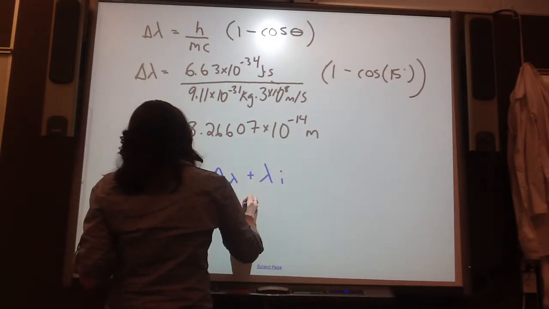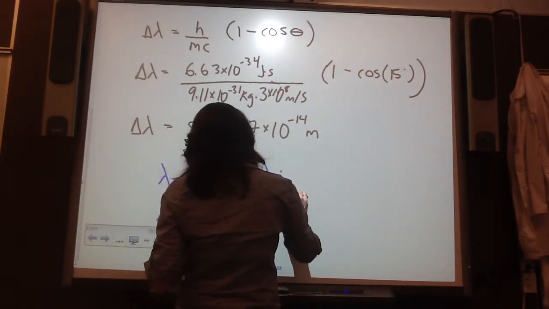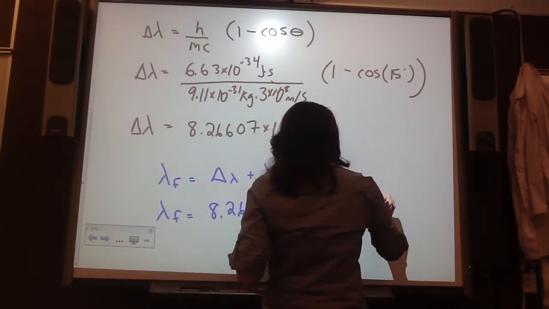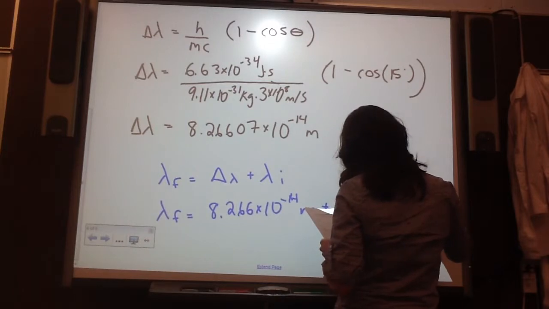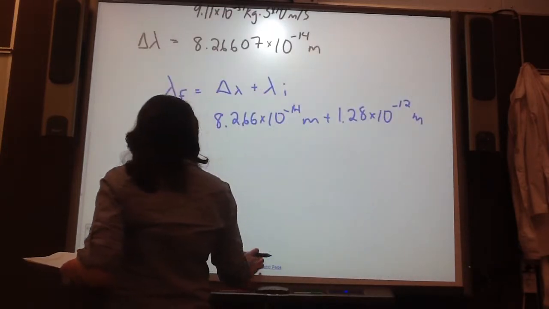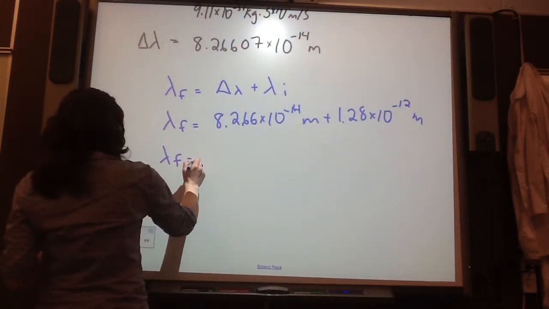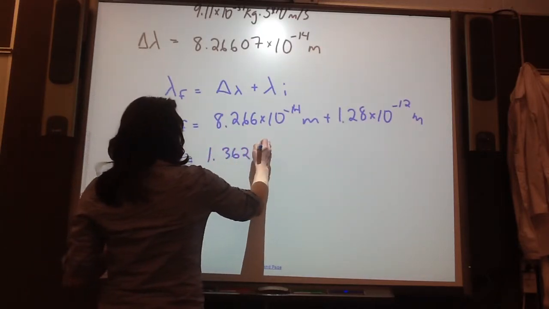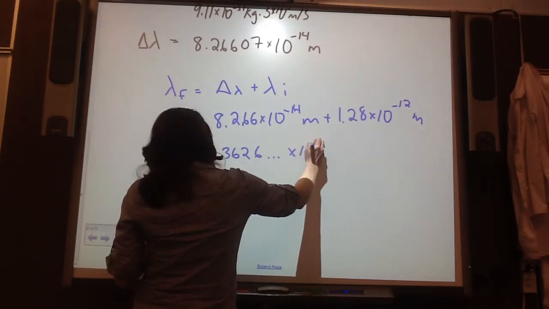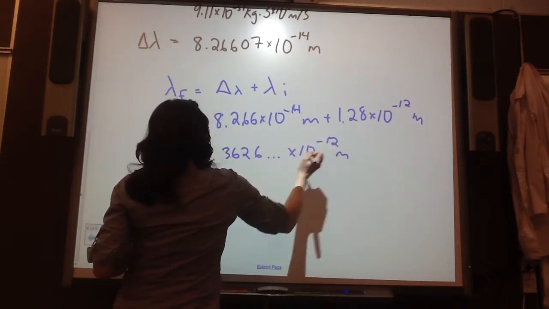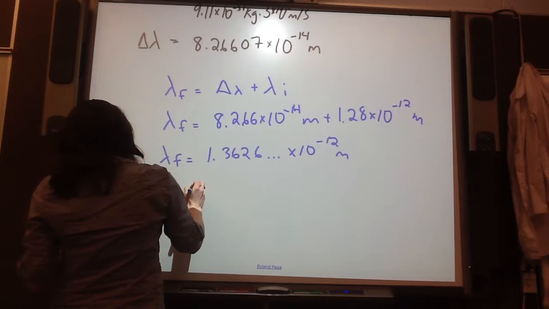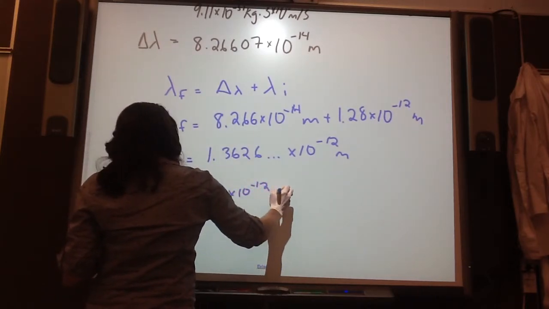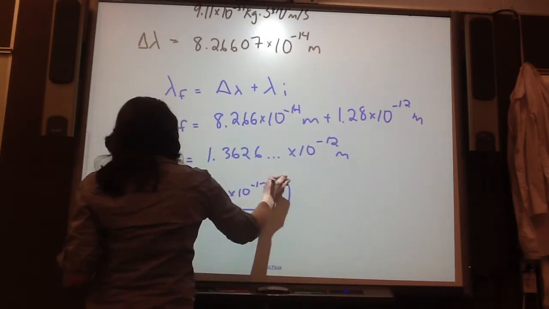So 8.266 times 10 to the negative 14 meters plus 1.28 times 10 to the negative 12 meters. Your final wavelength is 1.3626, etc., times 10 to the negative 12 meters. To sig digs, 1.36 times 10 to the negative 12 meters.